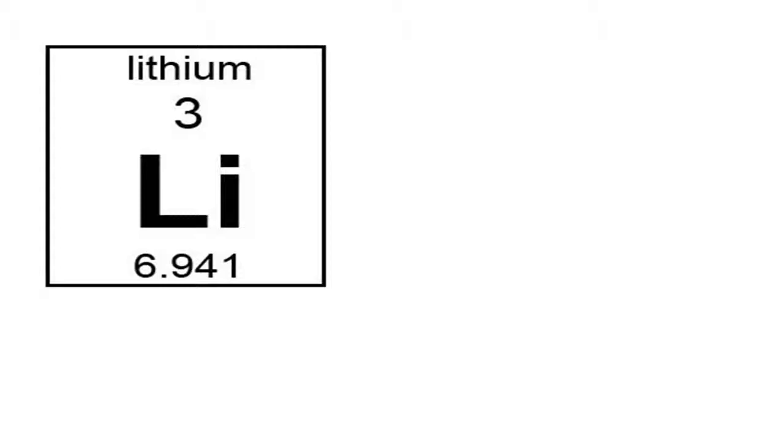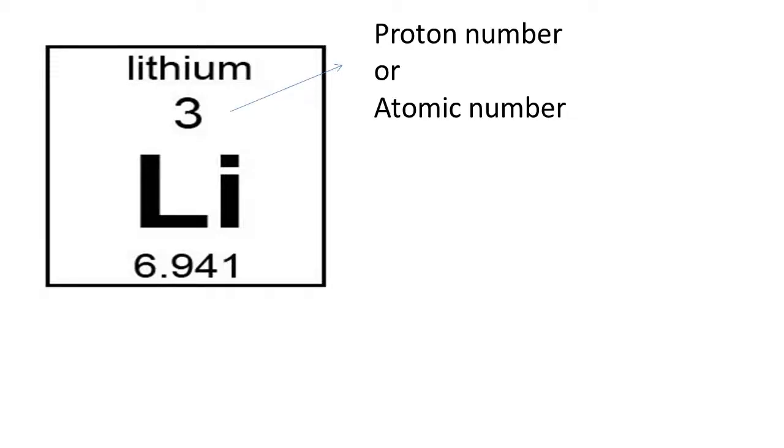So the letters tell you what the name of the element is, so Li is for lithium. And then you've got this small number. Now sometimes the small number is down the bottom and sometimes at the top. It depends whether you're looking at an American or an English periodic table. Doesn't matter. The smaller number is the proton number. It's the number of protons in the nucleus. So the nucleus is the middle bit of the atom, the central part.